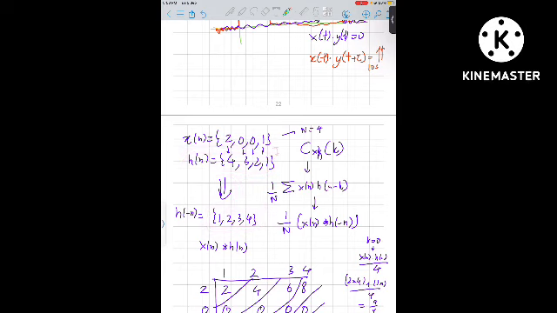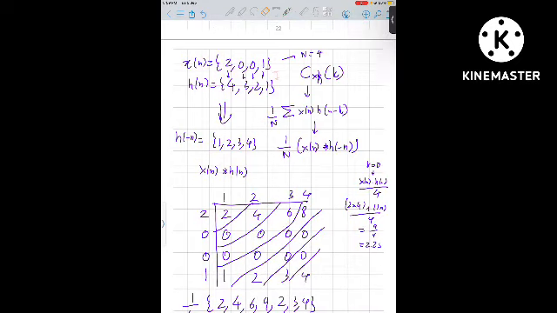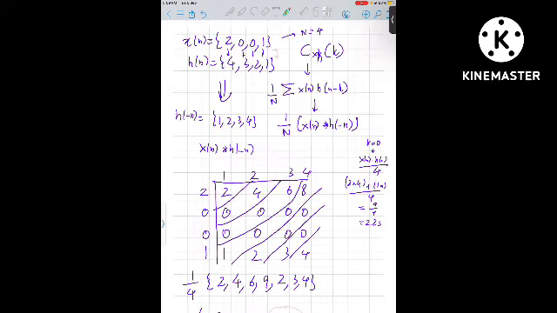Add them up: 2, 4, 6, 9, 2, 3, 4. Now we divide by 4 in order to normalize this. You obtain 0.5, 1, 1.5, 2.25, 0.5, 0.75 and 1.